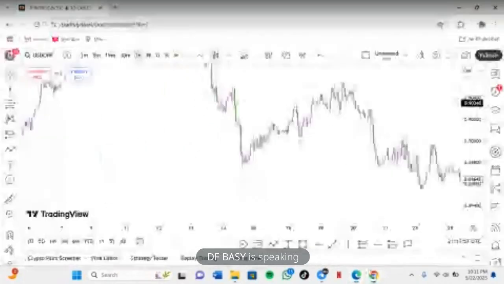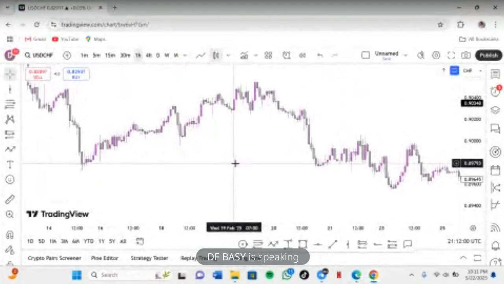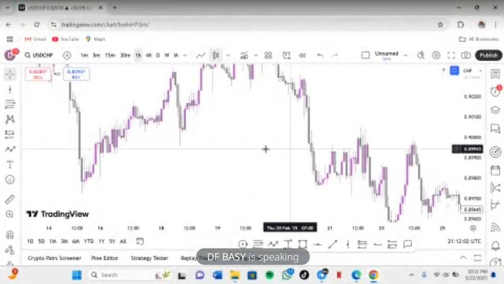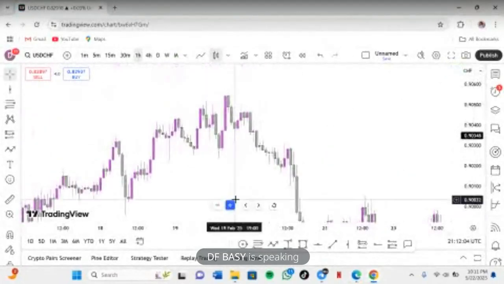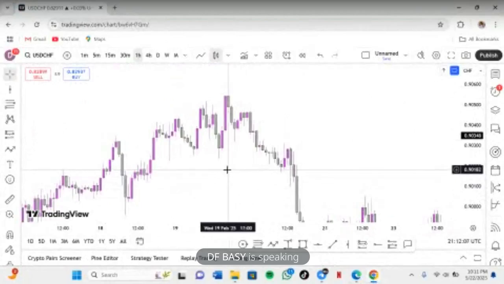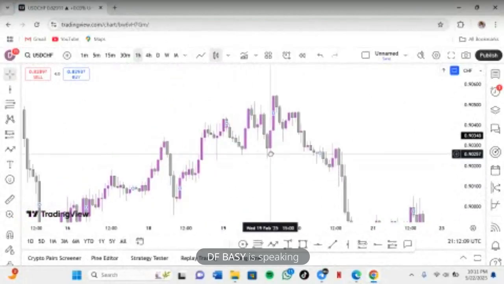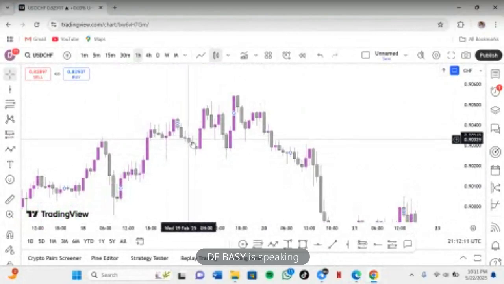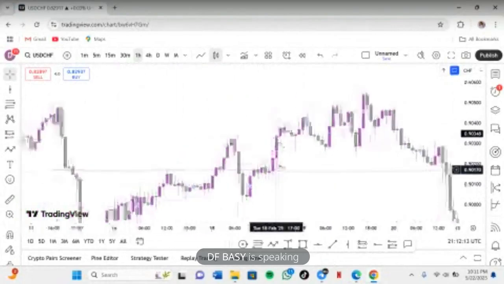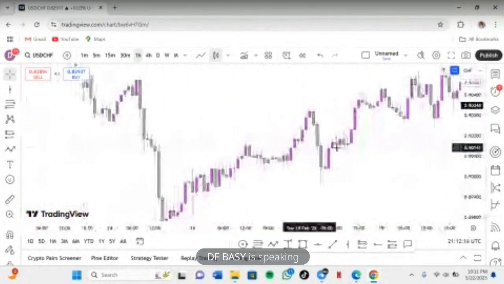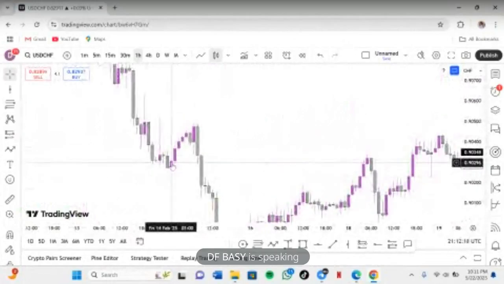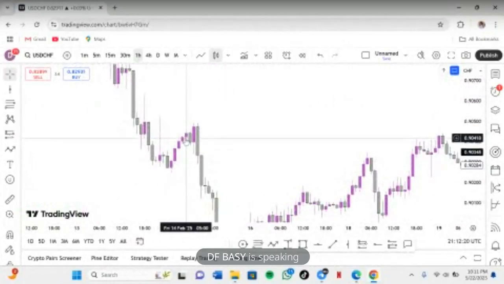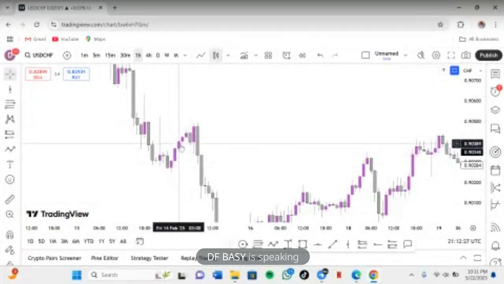What's mostly there is this. The falling three method is just like identifying the three white soldiers or the three black crows. This is it. Falling three methods, then the rising three methods. This is even still an example of the three white soldiers.